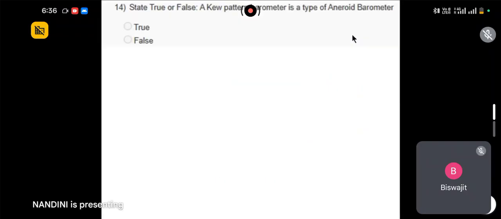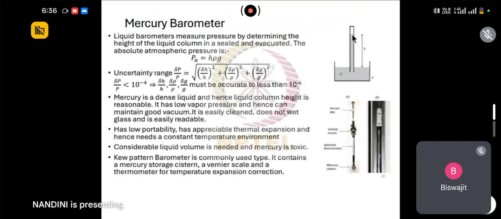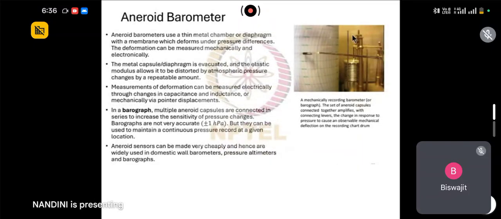So, the question was, a Q pattern barometer is a type of aneroid barometer. Now we know that a Q pattern barometer is a type of mercury barometer. Now, what does it mean by an aneroid barometer? Aneroid barometers basically use a thin metal chamber or diaphragm with a membrane which deforms under pressure differences.